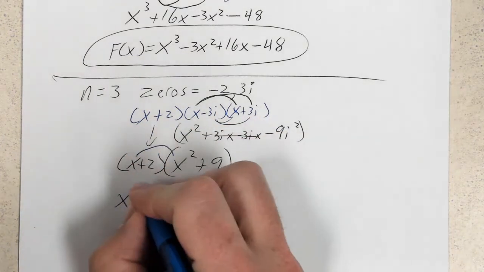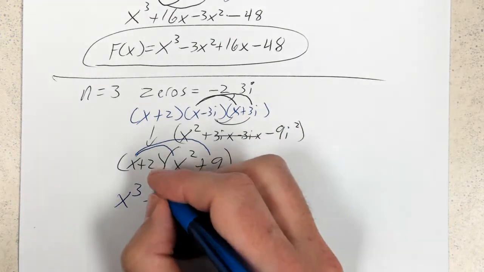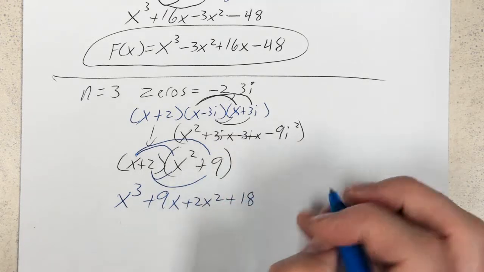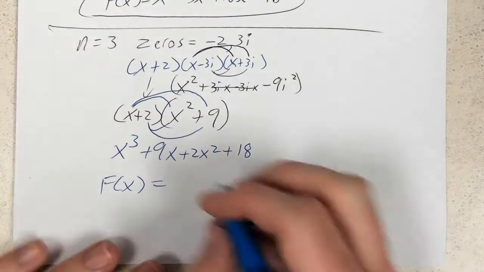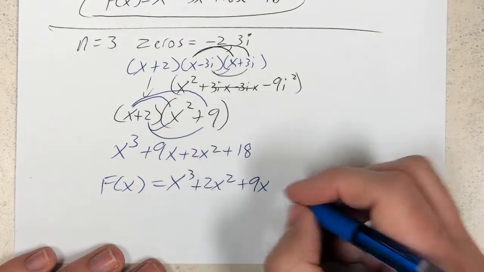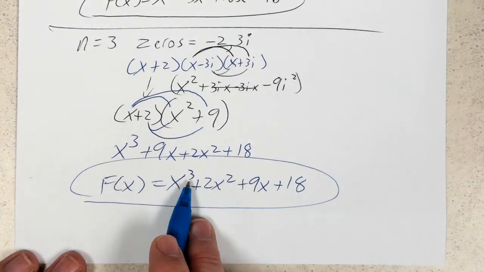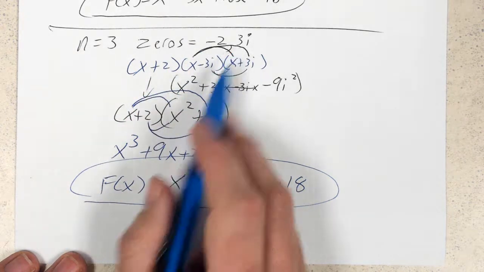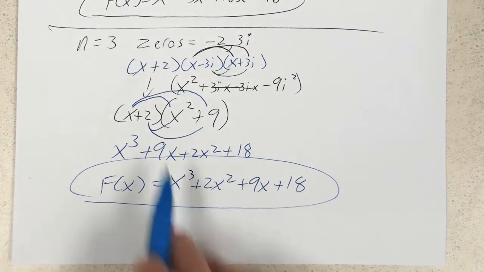X times x squared is x to the third, x times 9 is 9x, plus 2x squared plus 18. So f of x is equal to x to the third plus 2x squared plus 9x plus 18. Third degree function should be third degree, has negative 2 and plus or minus 3i. So 3 solutions. And here's the polynomial that has that stuff.